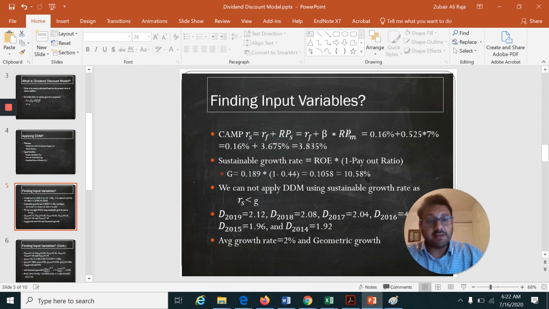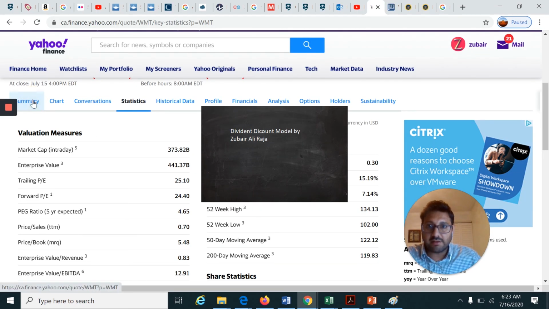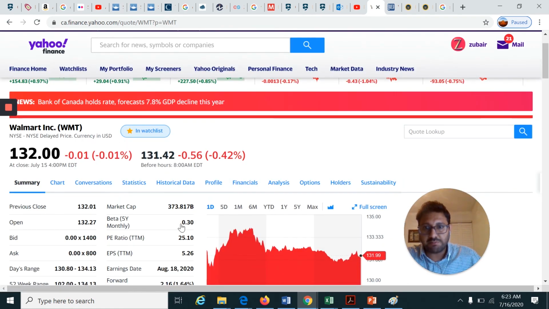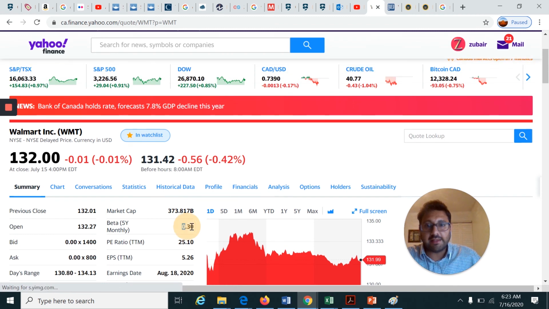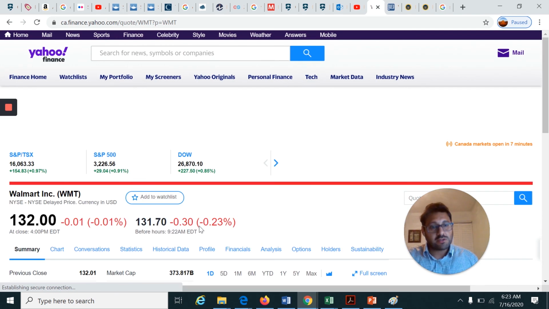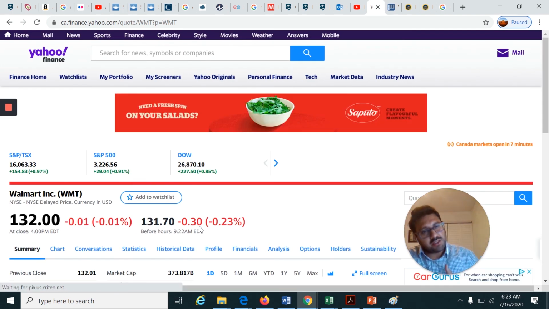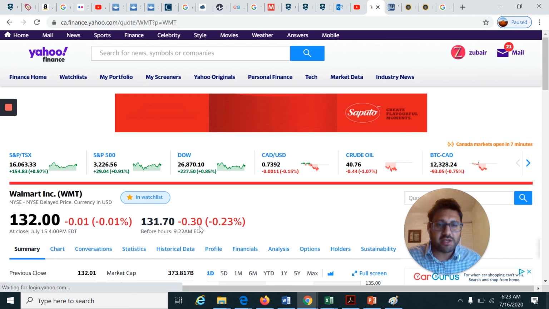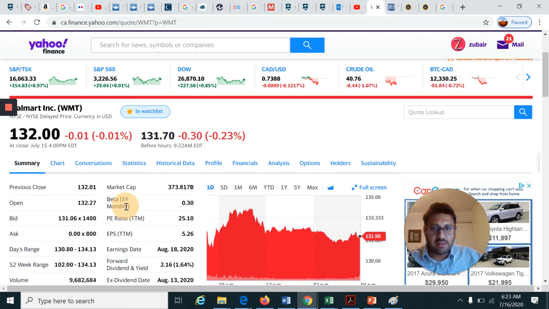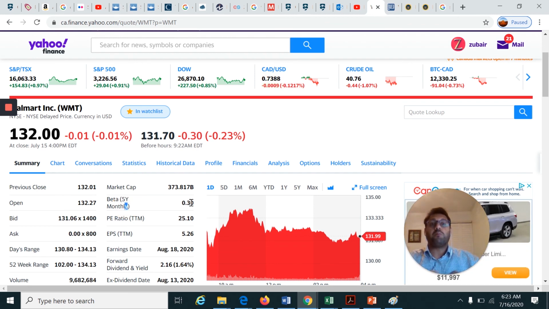That beta we can gather, or we can also calculate. Under the summary tab, we can see that the beta is 0.3, and again the beta is sensitive to the data we are using to calculate it. What returns are we using? Are we using daily returns or weekly returns, and for how many years? For example, over here Yahoo is using monthly returns for the last 5 years, and they calculated a beta of 0.3.